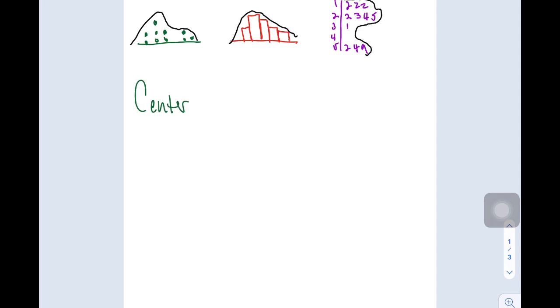So the center that you have to mention is either going to be the median, which again, the median is the middle number of your data distribution, where there's 50% above it and 50% below that number.